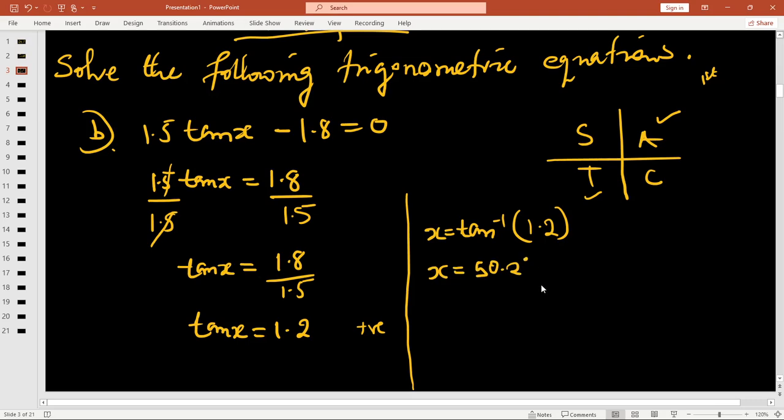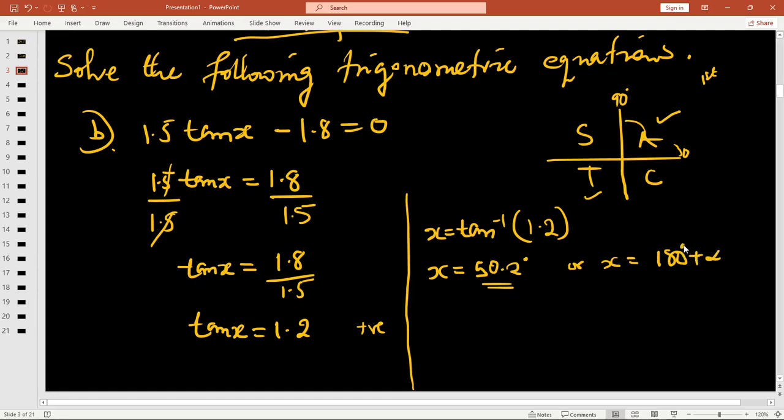Now this 50.2 falls in between 0 degrees and 90 degrees, and we know that if it falls here, the tangent function is positive, meaning that this is part of the solution. Then we get another solution, which is in the third quadrant. In the third quadrant, we said it's 180 degrees plus the calculated angle.